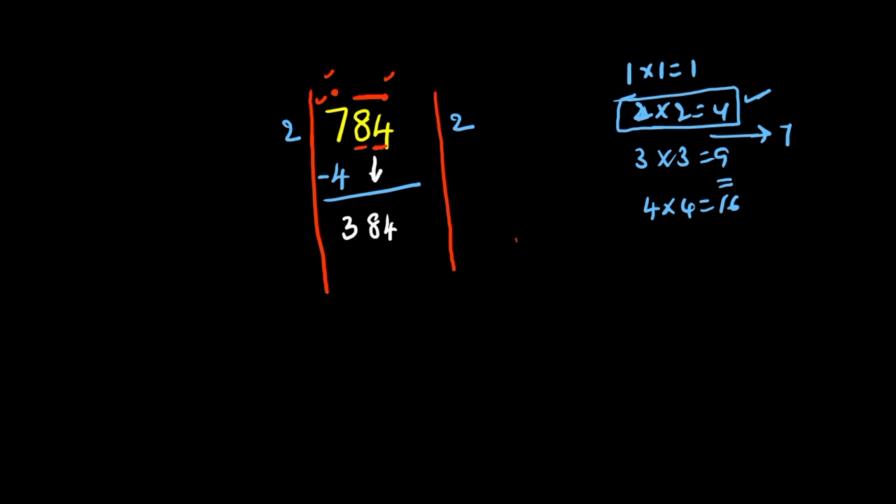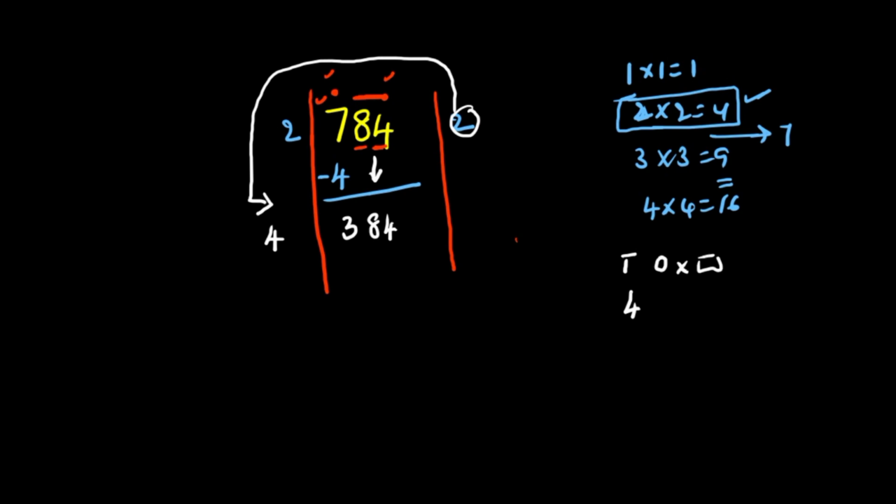Now what we do here, for this 2 we should take 2 times of the number, that means twice of this 2, that is 4. Take a 4 here. Now 4 is actually in the tens place. Now we have to select ones place and we should multiply with the same number here, right?